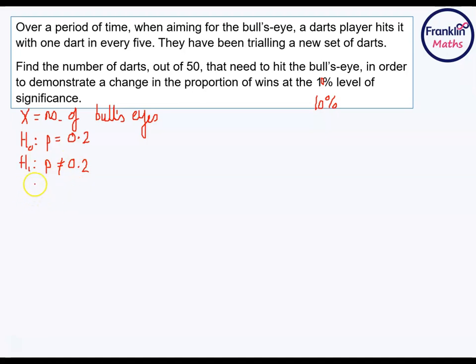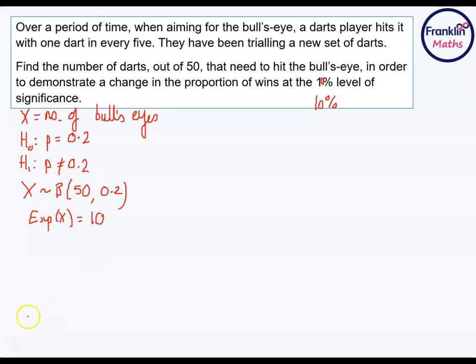So we've got a binomial distribution, X tilde B(n, p), so that's 50 trials at 0.2. First of all, let's find the expectation. The expected value: multiply these two together, which gives me 10.